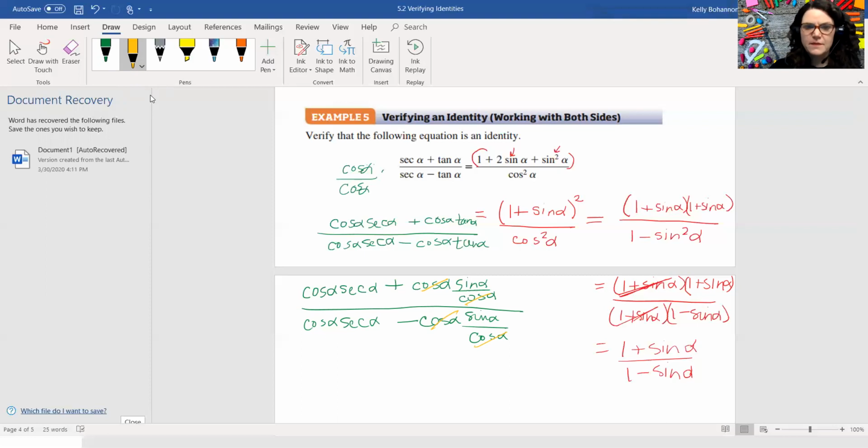And secant is the same thing as 1 over cosine, which means I have cosine alpha times 1 over cosine alpha plus sine alpha over cosine alpha times cosine alpha, over cosine alpha times 1 over cosine alpha minus sine alpha. And these become 1, which means I have made it to where these two match. So that's all for that one.